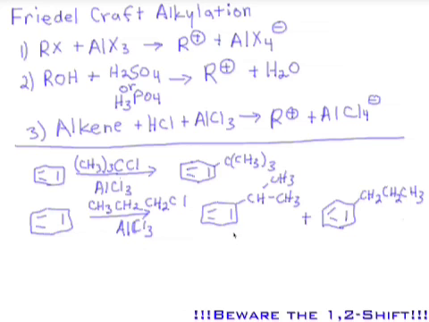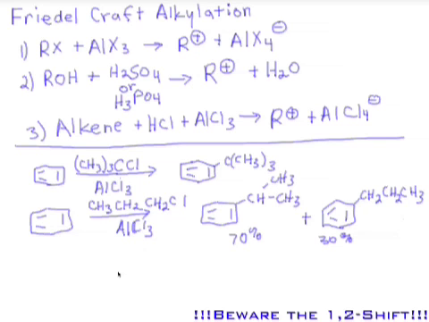And that mixture is major isopropyl, 70% isopropyl and only 30% of the propyl. Why is that the case? Why do we get isopropyl benzene?